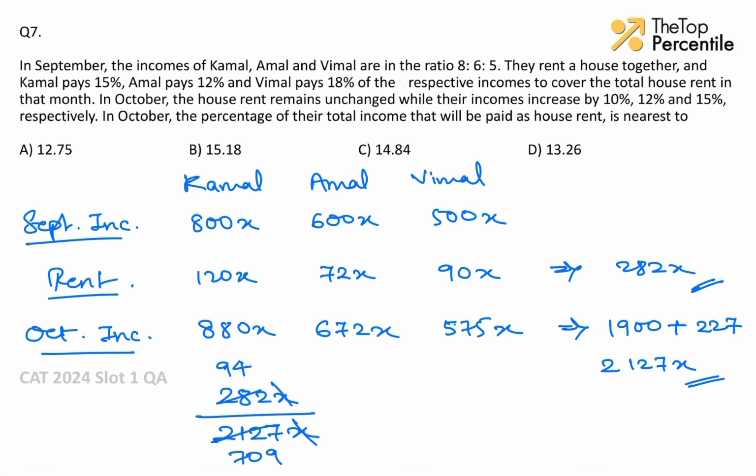Let me take 10% of 709. So this will be 70.9. The options are also there, so I'll have to find an option nearest to it. Let me take 2 more percent. 2% of 709 is 14.18.